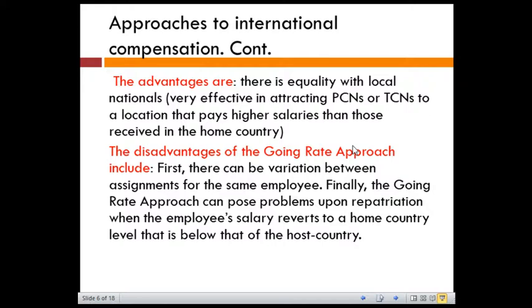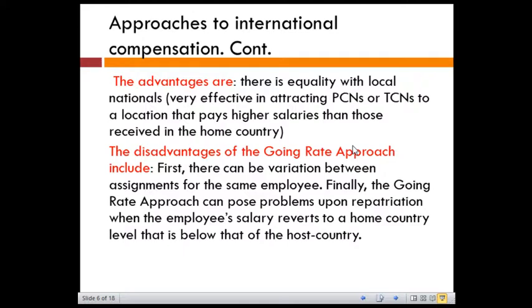in the home country. And there are some disadvantages as well of the going rate approach. First, there can be a variation between assignments for the same employee. That is a major disadvantage, because then there's some form of redundancy and unnecessary work being done by too many employees.